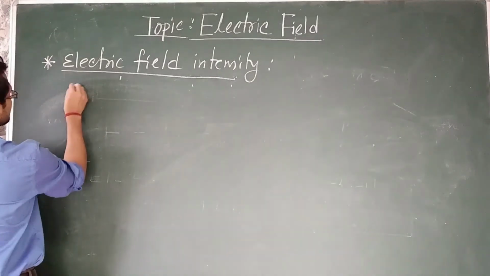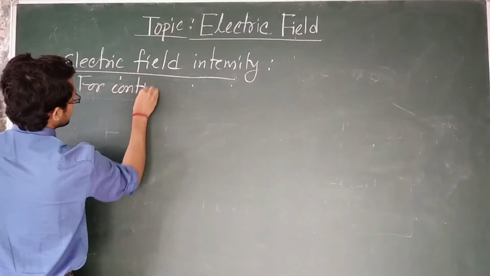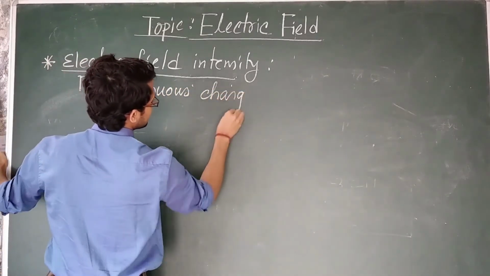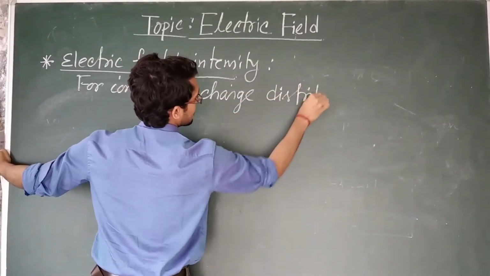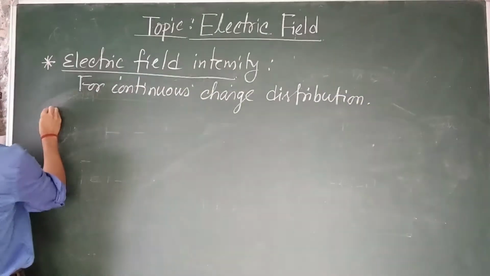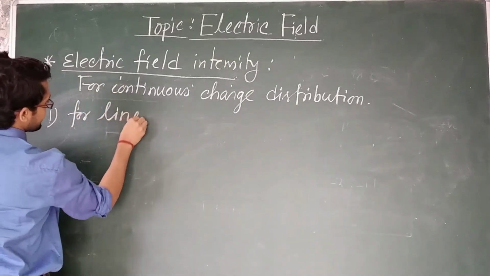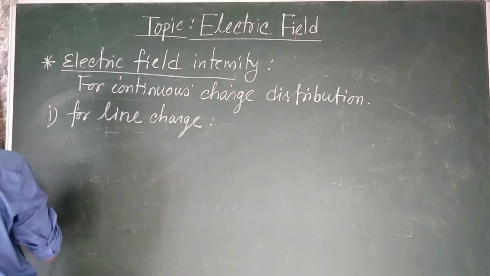So for continuous charge distribution, first one, for line charge, what will be the formula?